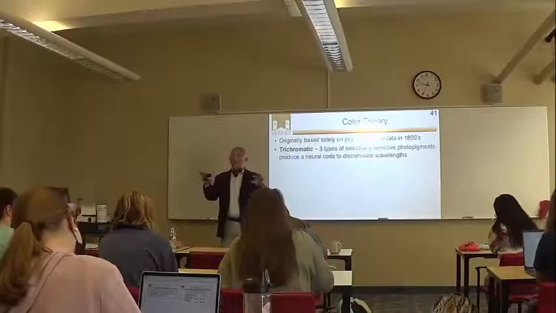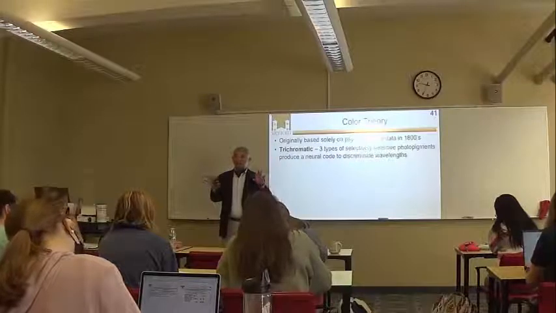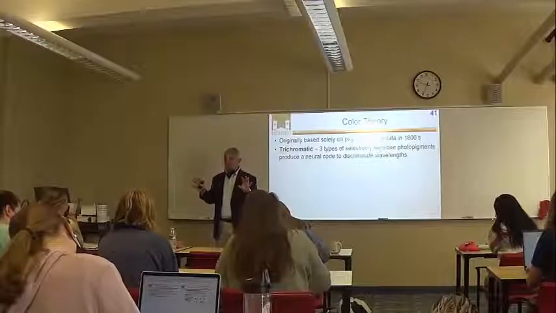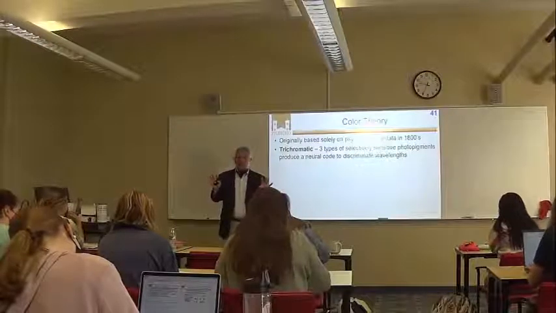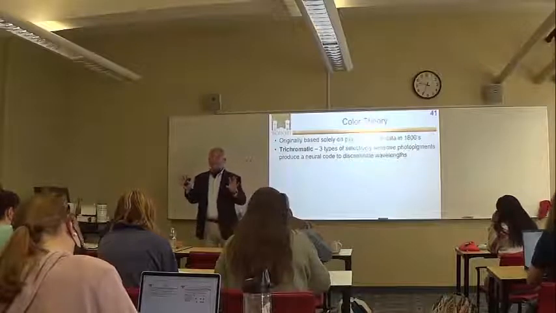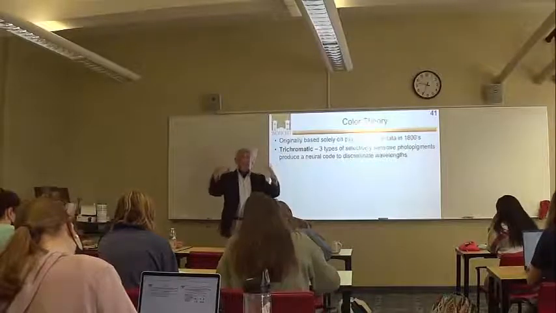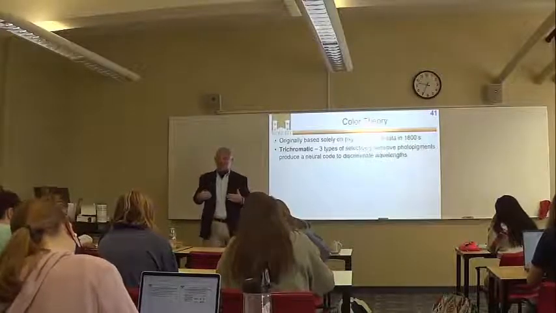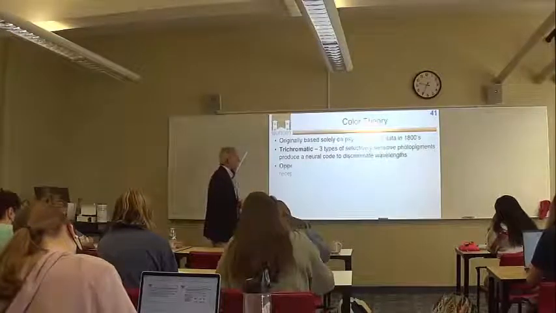What if all three are equally stimulated? I have 8 action potentials from short, 8 from medium, 8 from long. All of them are equally stimulated. White, right? If the 8 went down to 2, then it would be dark gray, right? If there's nothing, it'd be black, okay? You see how this works, okay?